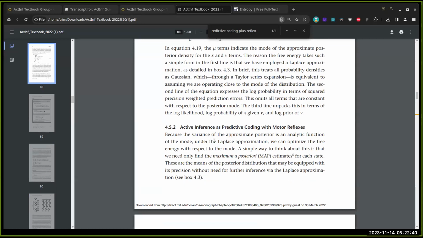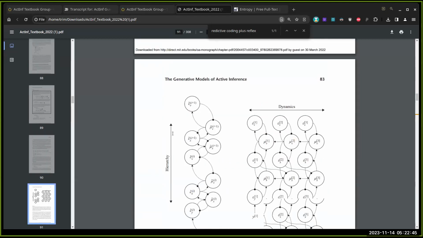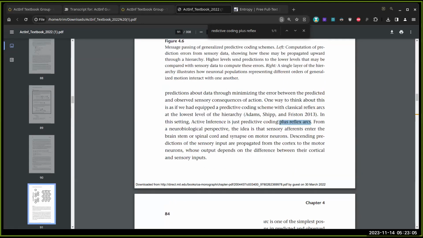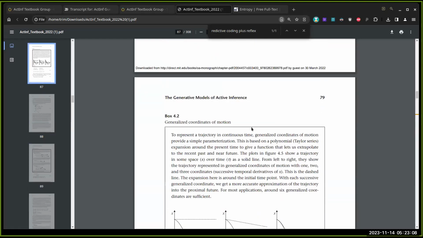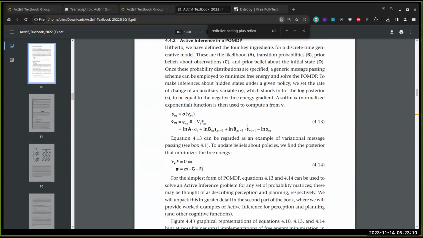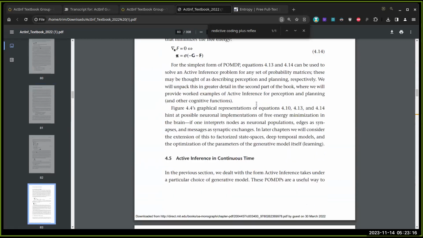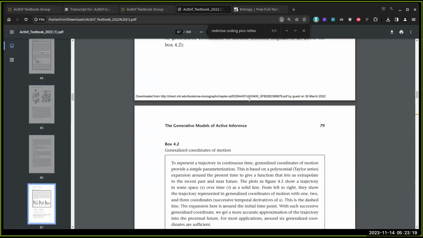So here in this section, it's a motor reflex. On the bottom level of the hierarchy, we have the sensory motor. Predictive coding is doing predictions of sensory consequences. And then reflex arcs are basically responding just to move to straight without planning or deliberation or counterfactuals.